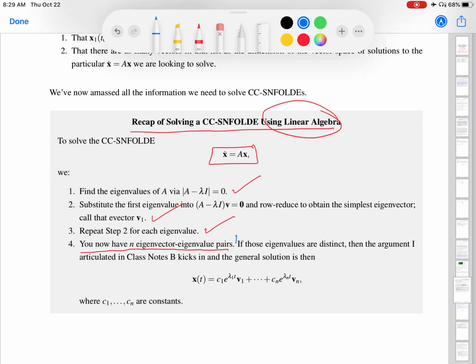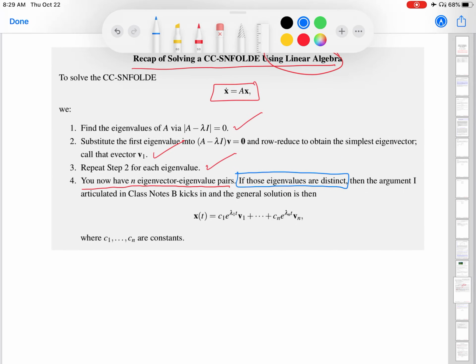Notice that I'm bringing in a result from the previous few lessons, that if the eigenvalues are distinct, then the eigenvectors are linearly independent. So let me just point out how that ties in to the Class Note B argument that we made.